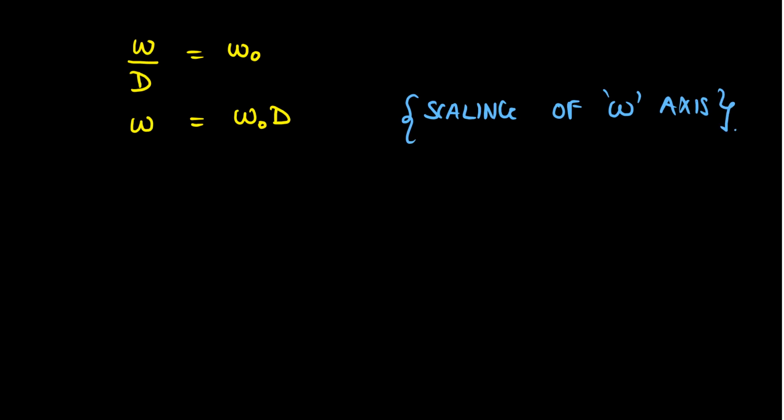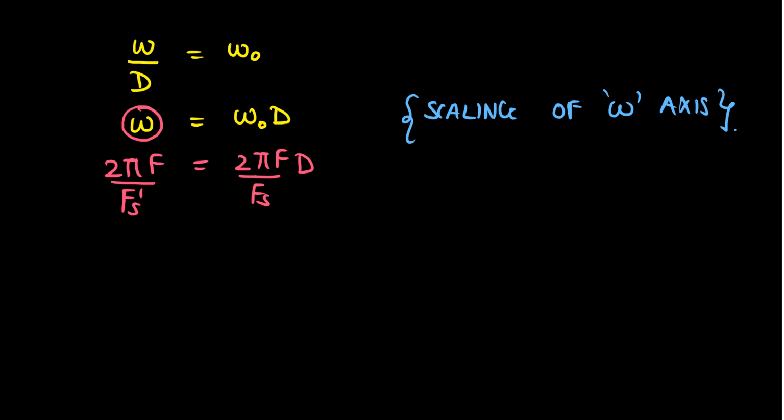Now we know that this omega can be represented as, say, 2 pi f by fs dash. I am representing this as fs dash because this is the new omega axis which is obtained after scaling. And this omega naught is the original omega axis, so I can just represent it as 2 pi f by fs into d.